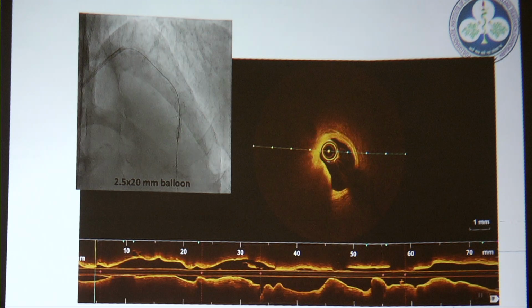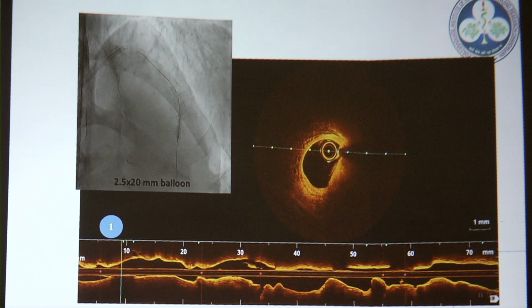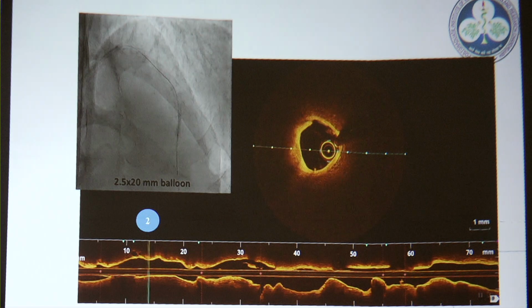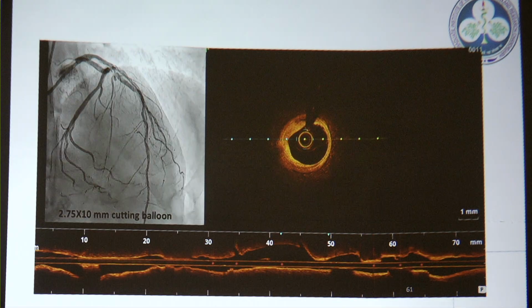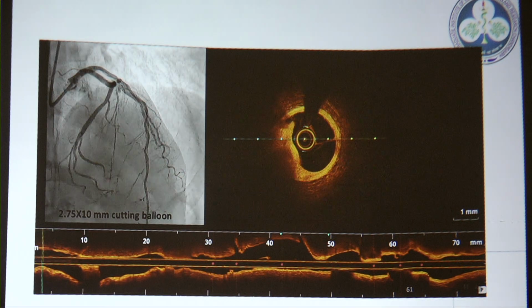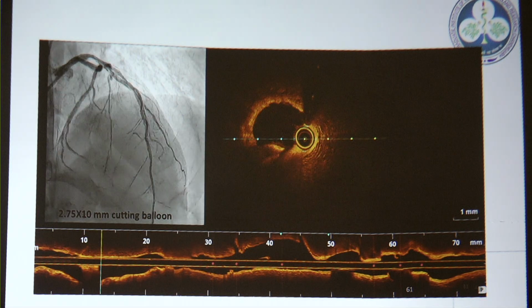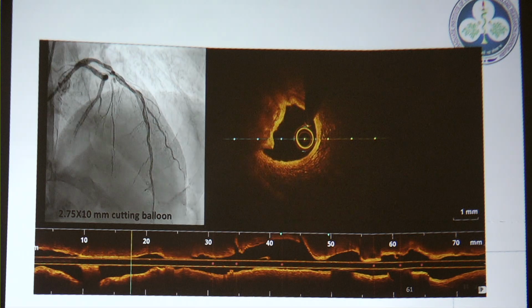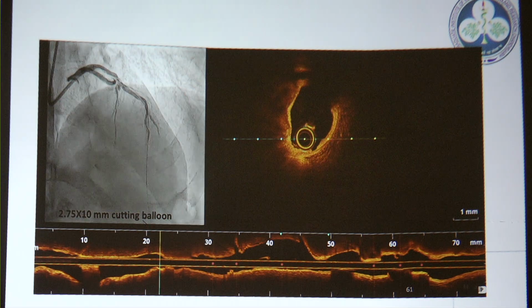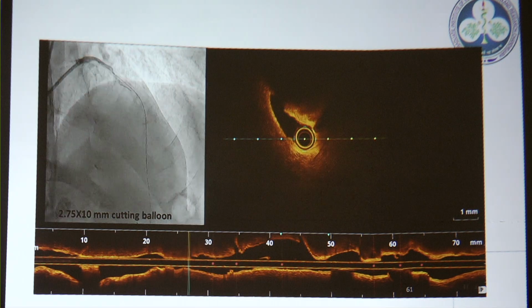There are multiple, 8, calcified nodules across the distal to proximal LAD. So it was dilated with a 2.75 by 10 millimeter cutting balloon, and then the OCT was again repeated to look for various cracks. You can very well appreciate the cuts because of the cutting balloon.